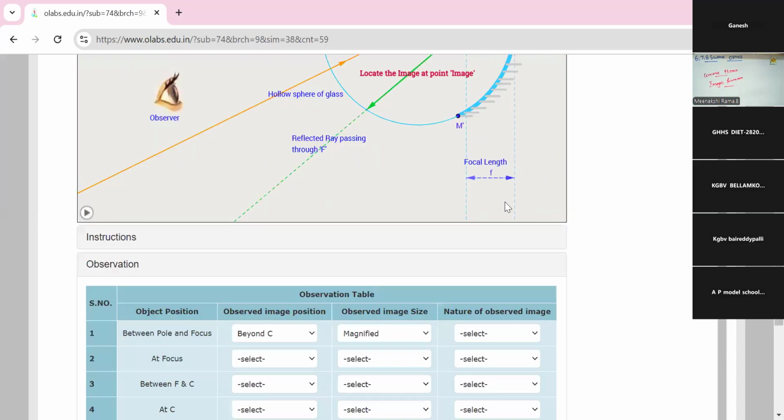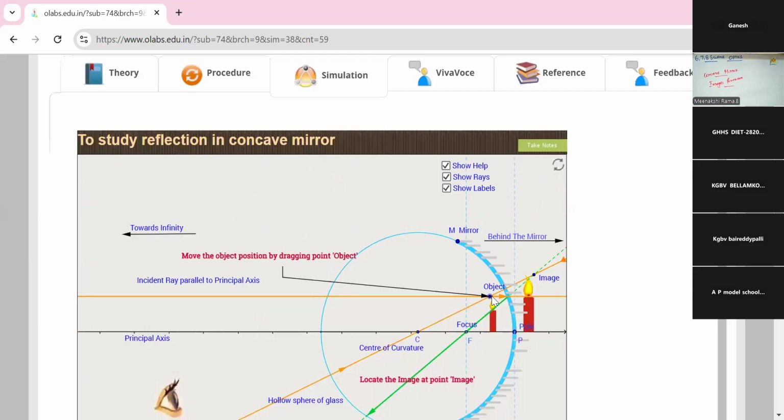And next one is at the focus point. Now I'm going to move the object to the focus point. Where is the image? We can't identify where it is. So this is called infinity. Infinity means the image does not occur in this area. It is far. So this is called the infinity position. And then how is the image size? It is so magnified that we can't see that picture in this area. It is very large.